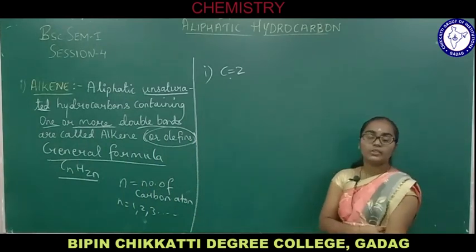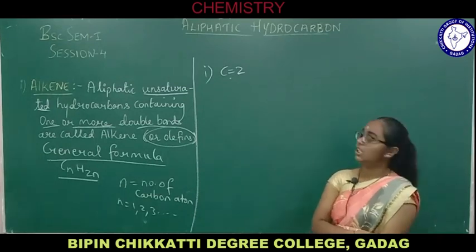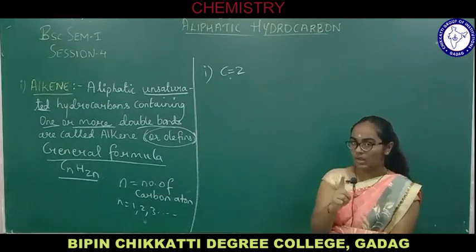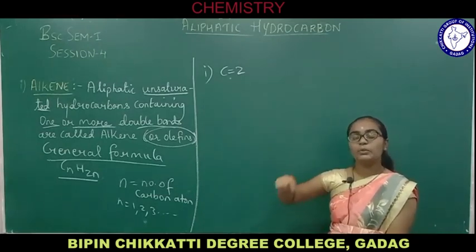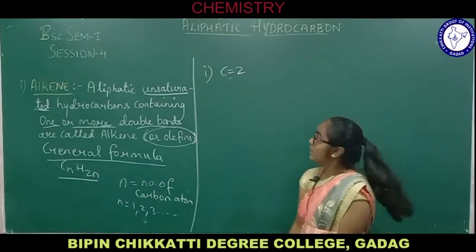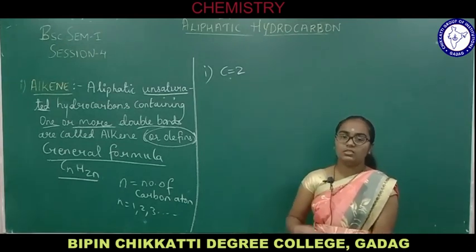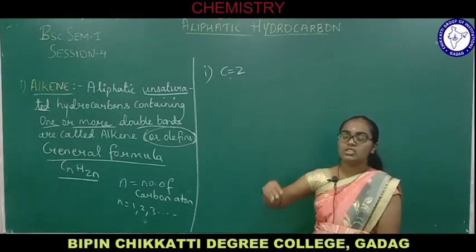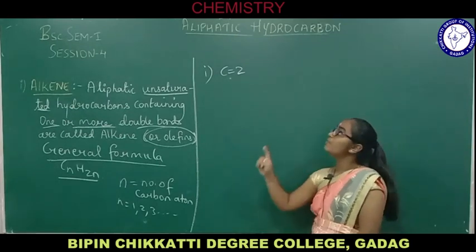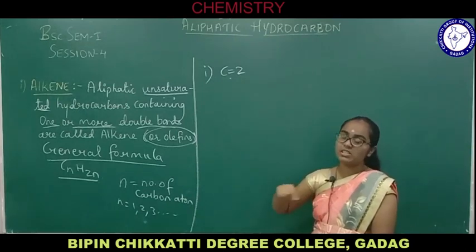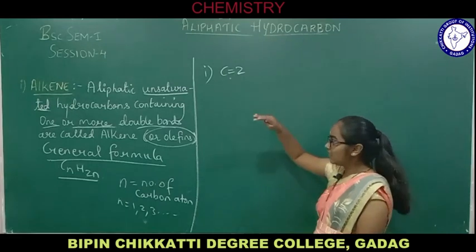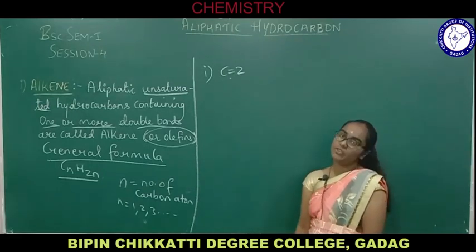Right, so let's begin with the first member of the alkene family. That is carbon number 2. Here the alkene family will not begin with carbon number 1. Remember, in alkane it started with carbon number 1. Methane was the first member of that family, whereas in alkene there is no molecule with carbon number 1 that becomes a member of that family. So carbon number 2 means we will substitute n as 2 into that formula, and whatever compound we get will become the first member of the alkene family.